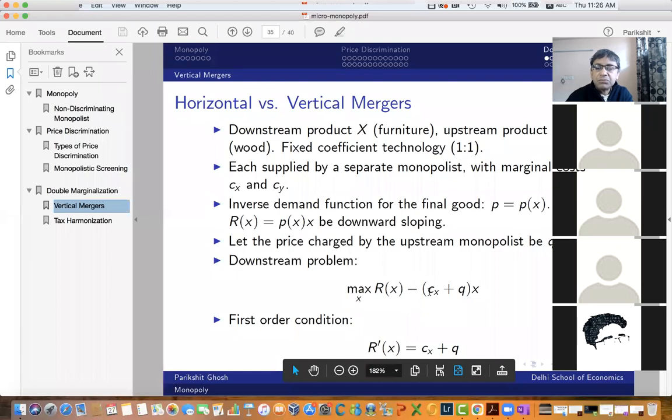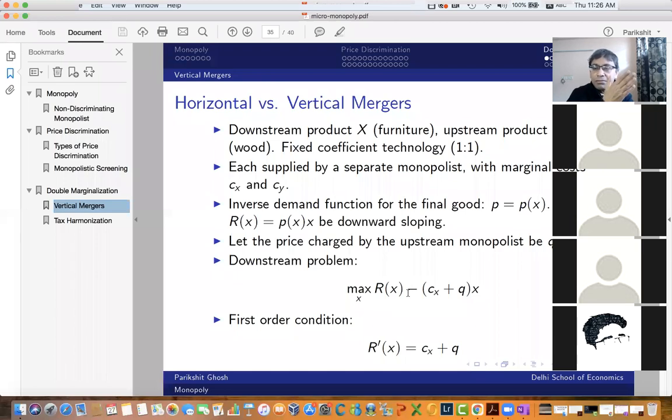So revenues minus its own cost. Cost includes its CX, its marginal cost of everything excluding raw materials, and the price at which it has to purchase wood from the upstream firm. So that's a very well-defined problem. That's the first problem you write down and solve.